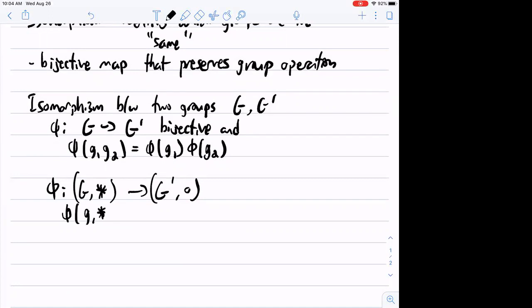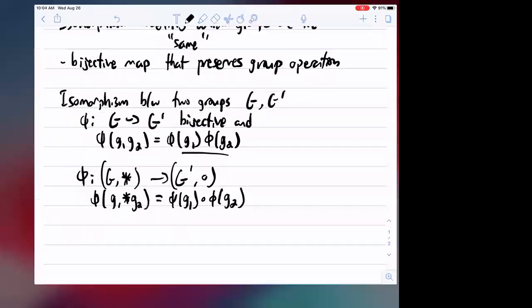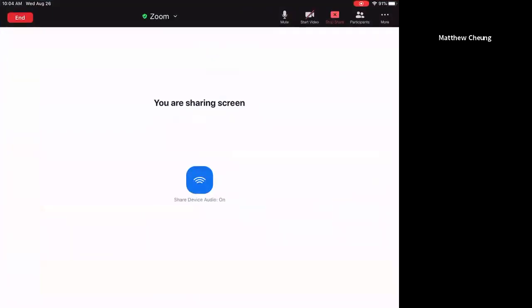But phi of G1 lies in the group G prime, so when I write this product, we mean the operation in G prime. Everyone clear so far? Good.